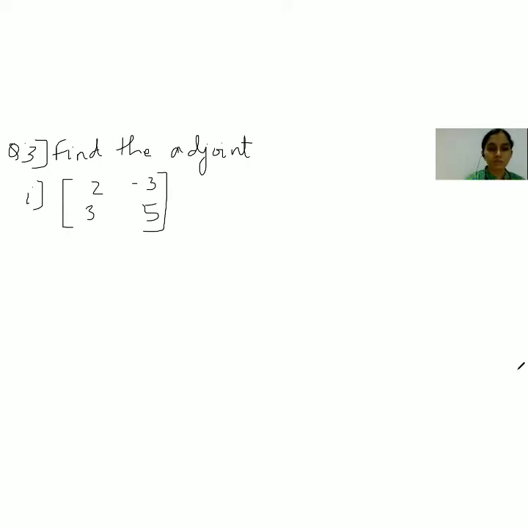So again, I'll write the minors for a 2 by 2 matrix. Minors are very simple. M11 hide the row and column, so you get 5. M12 first row second column, so 3. M21 second row first column, so -3, and M22 is equal to second row second column, so we are left with 2.